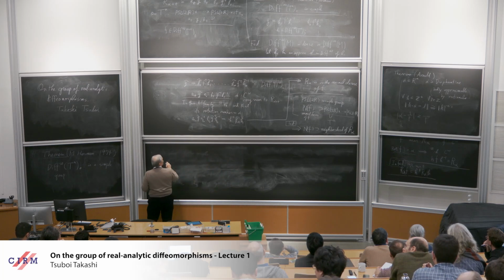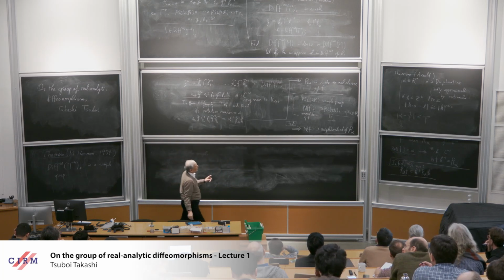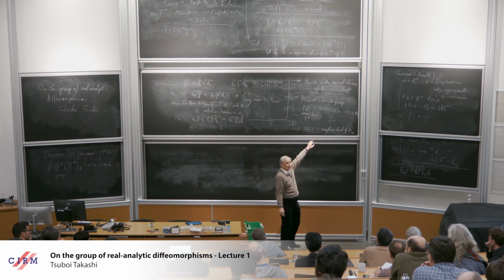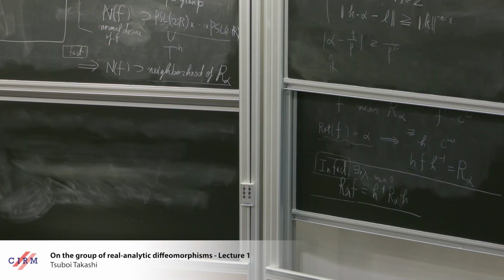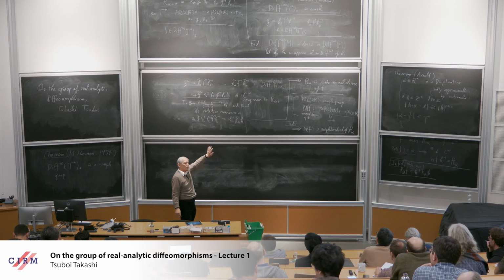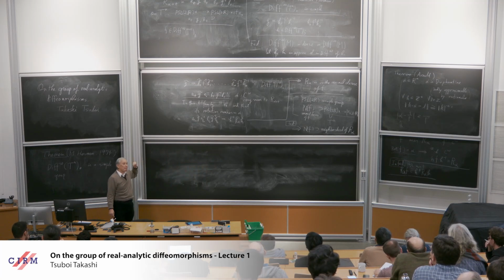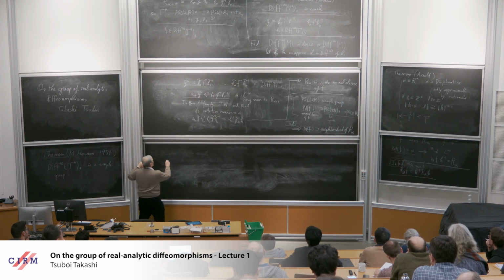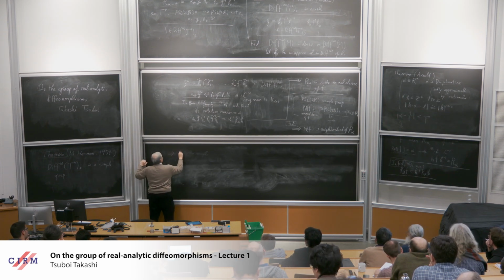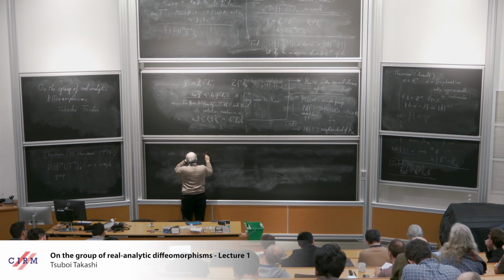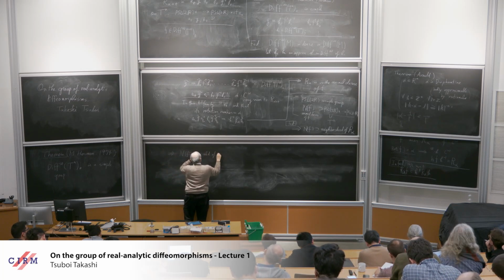So once you have this open set in our group, its inverse will contain an open neighborhood of the identity. Clear? So the normal closure of F contains a neighborhood of identity.